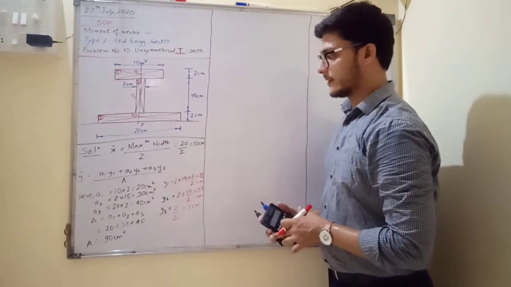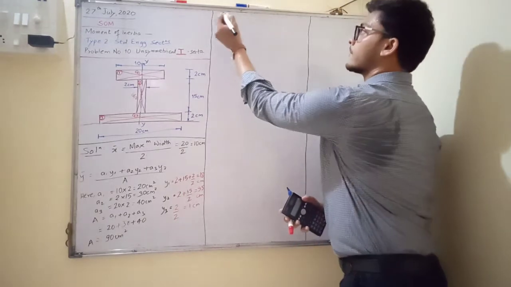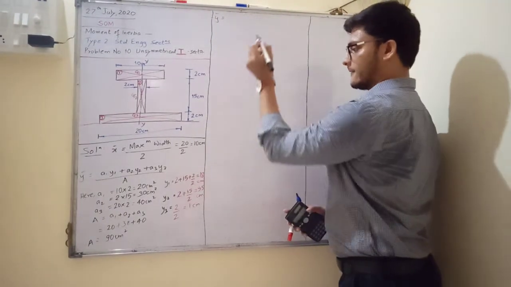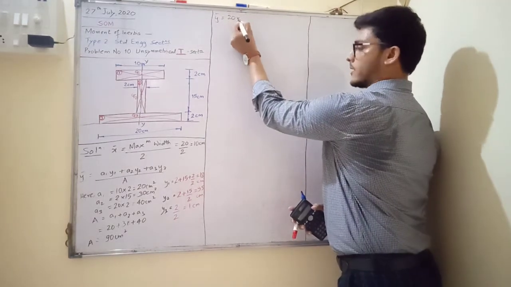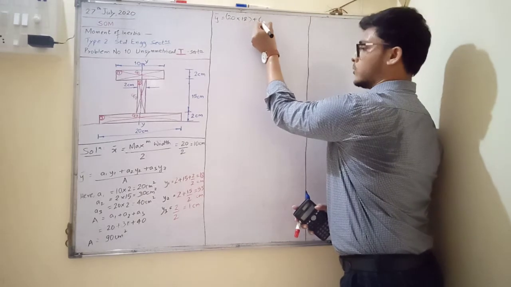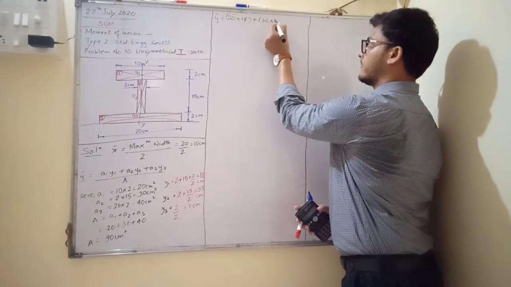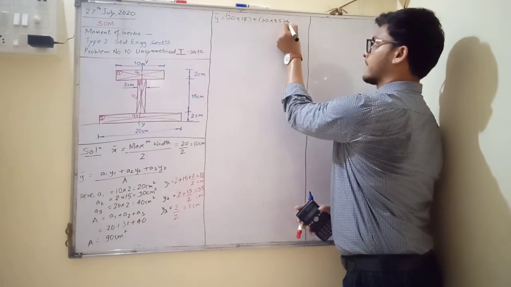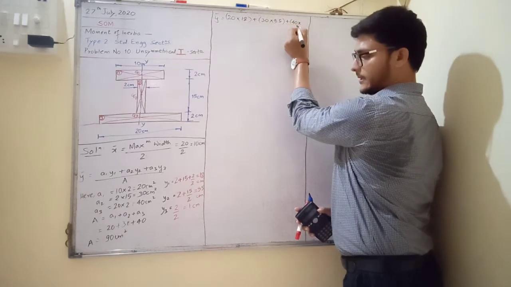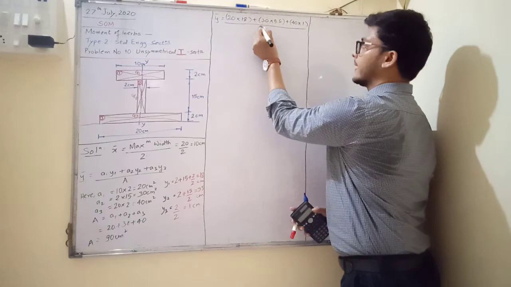Now I can calculate y bar by simply substituting these values in that formula. Y bar will be equal to, substituting directly, A1 is 20, y1 is 18, plus A2 is 30, y2 is 9.5, plus A3 is 40, y3 is 1, divided by the total area 90.